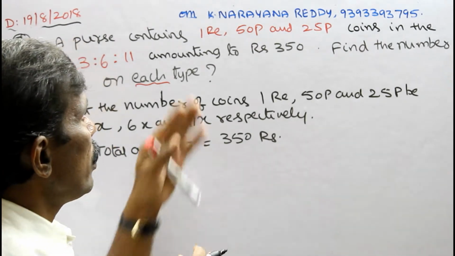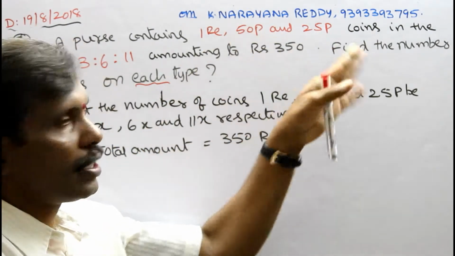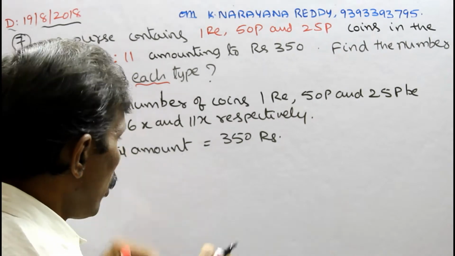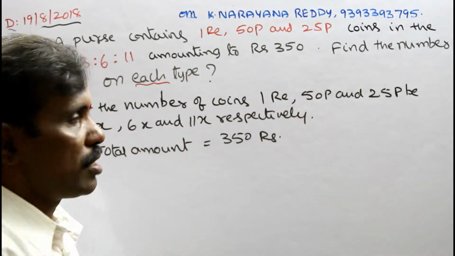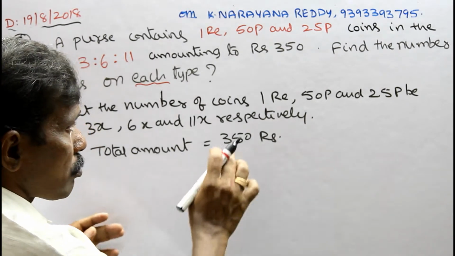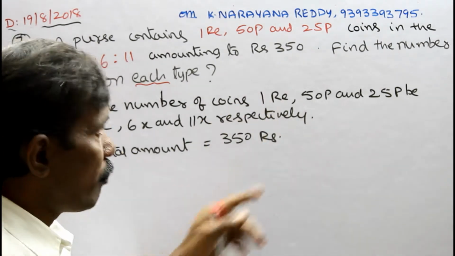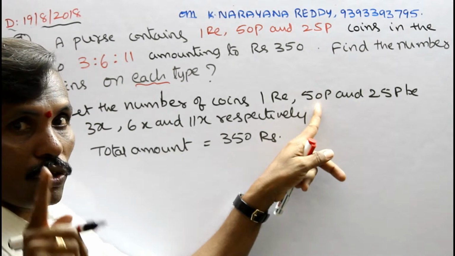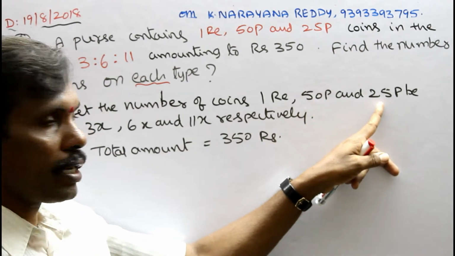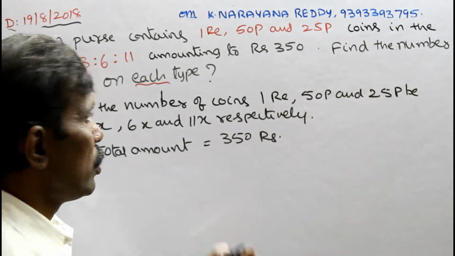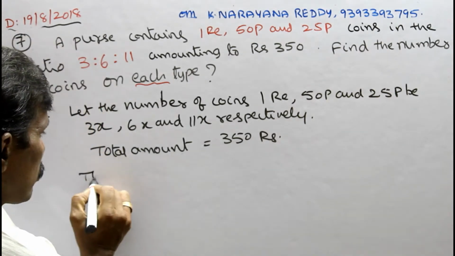How many coins are there individually? 1 rupee, 50 paise and 25 paise. Now this 350 is distributed among these three coins. For 1 rupee we want 2 coins of 50 paise. For 1 rupee we want 4 coins of 25 paise. Yes or not?